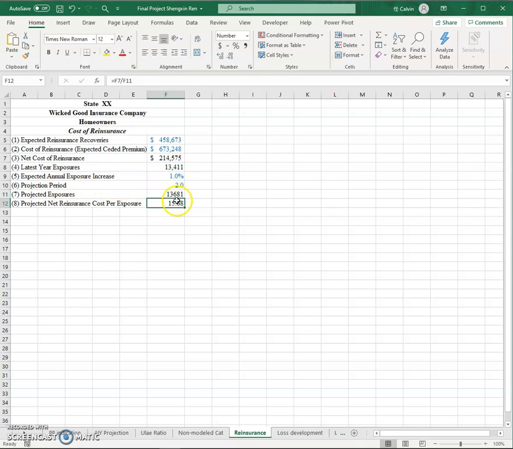I'll get the number 13,681. As for the projected net reinsurance cost per exposure, we just use the net cost divided by the exposures. And here we get the cost per exposure.